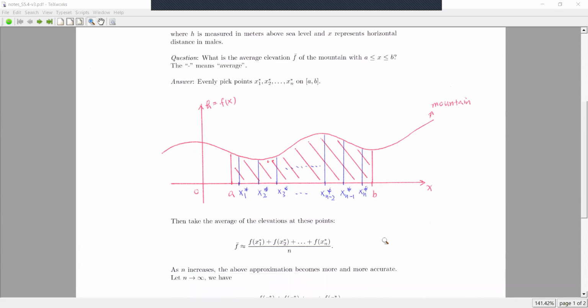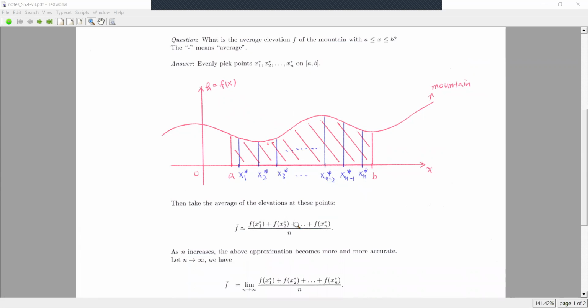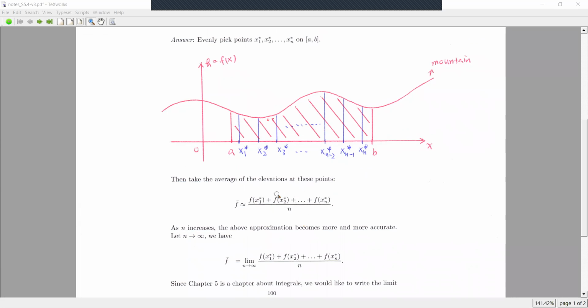Now take average on these n elevations. This average is roughly the average elevation of the mountain between A and B. Roughly, this is F bar. F bar is the average elevation of the mountain between A and B.